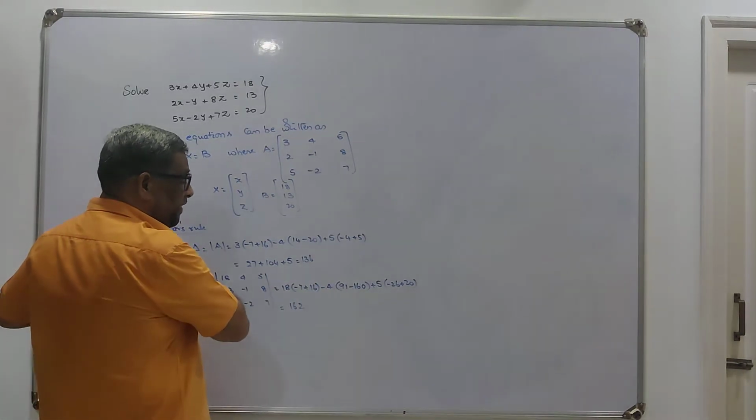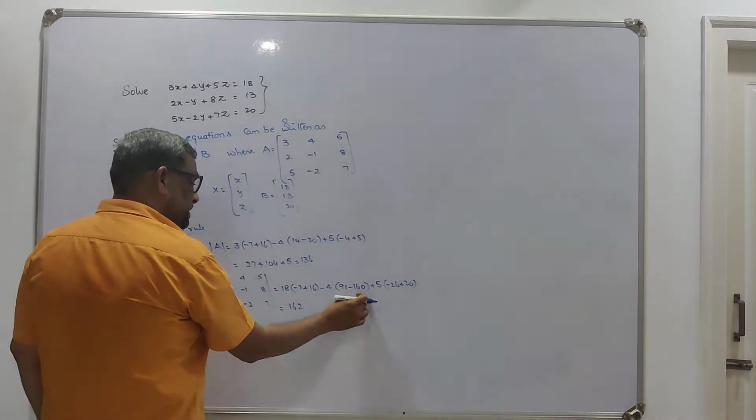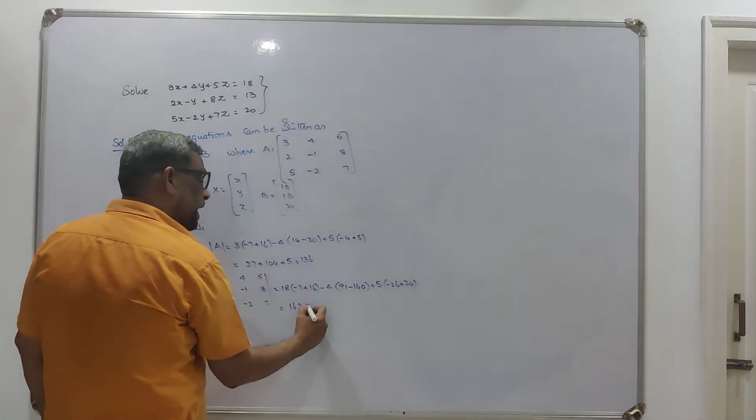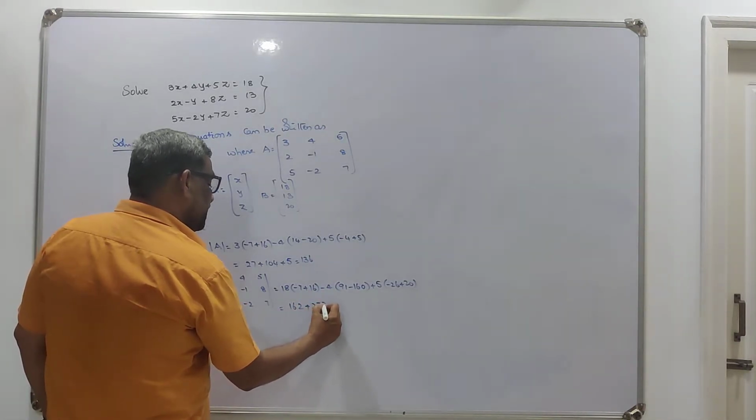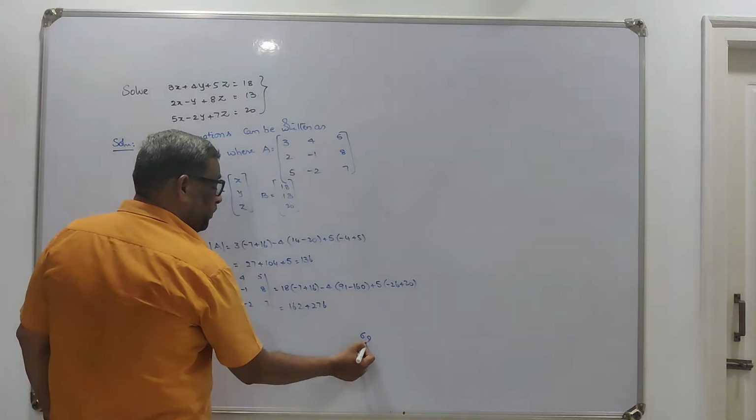This is 91 minus 160, that is nothing but minus 69. 69 into 4, so 276.